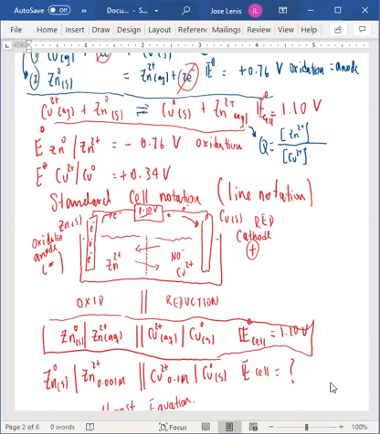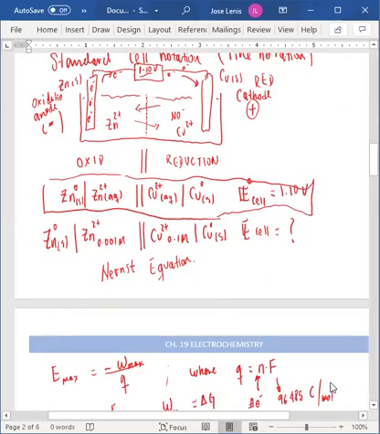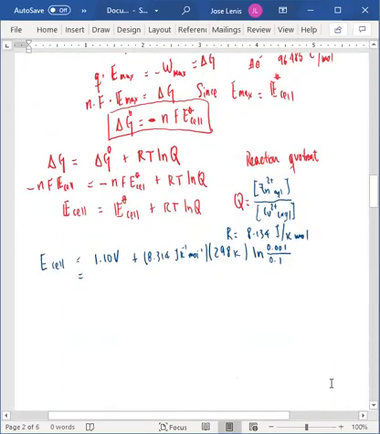And what will happen? What will happen at equilibrium? So at the equilibrium, what is the meaning of equilibrium? Delta G of the reaction equals what? 0.